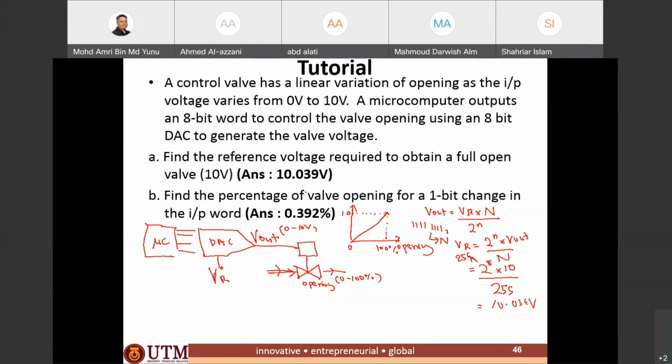And then the second one: what is the percentage of valve opening for 1 bit change in the input?